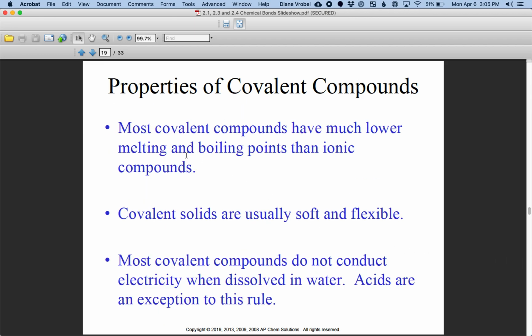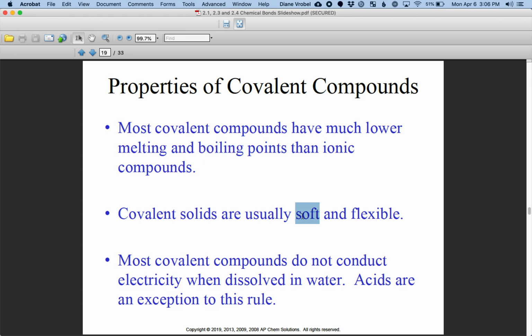So, covalent compounds. Covalent compounds have a weaker attraction with each other. As a result, there are lower melting points and also lower boiling points. If you took sugar and you took salt and you put both of them in a frying pan, you're going to notice that sugar is going to melt faster and at a lower temperature than salt, because covalent compounds have a weaker attraction.